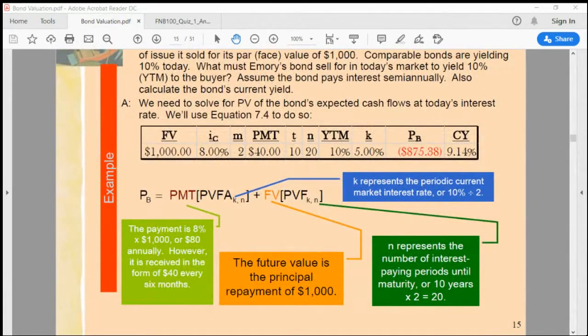Our last example was quite straightforward, but let's take a look at our next example.